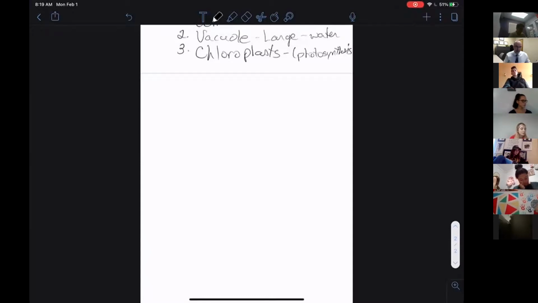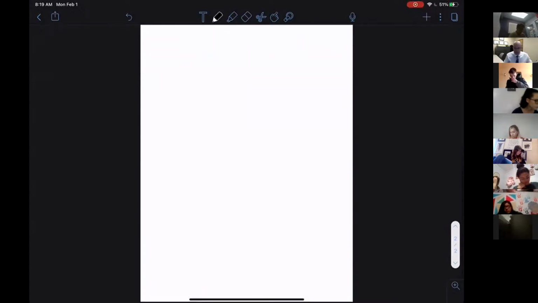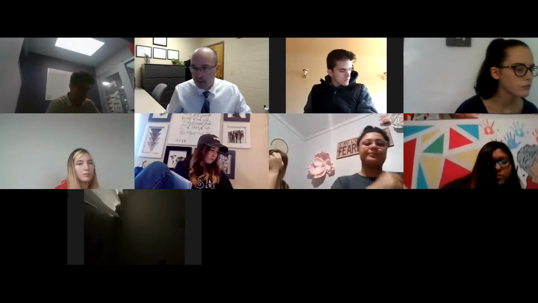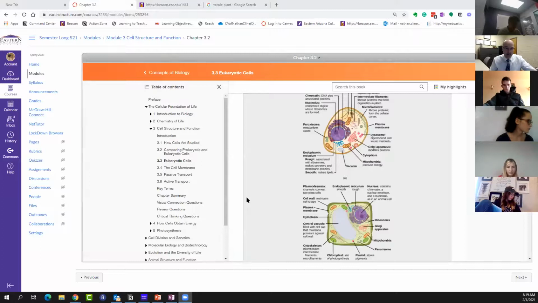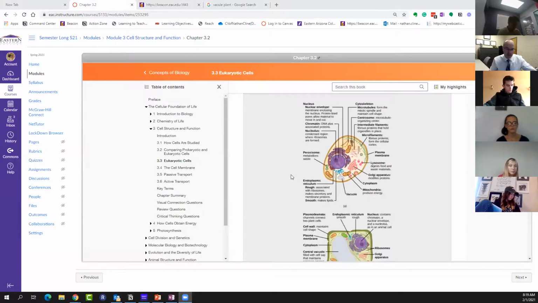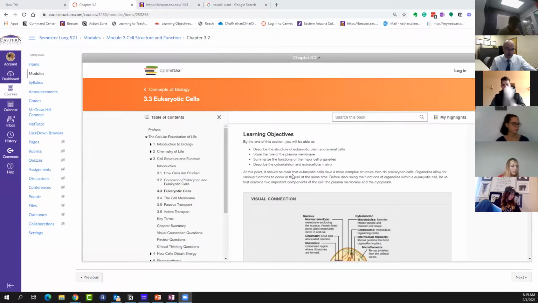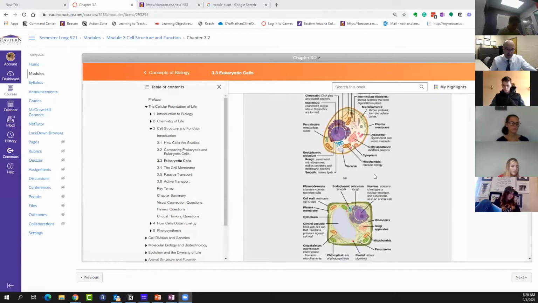Right away, you're going to see a diagram with both a plant and an animal cell. The animal cell is on top. Let me show you, in case you can't see it on your screen yet. If you are using the online text, it's right at the top.